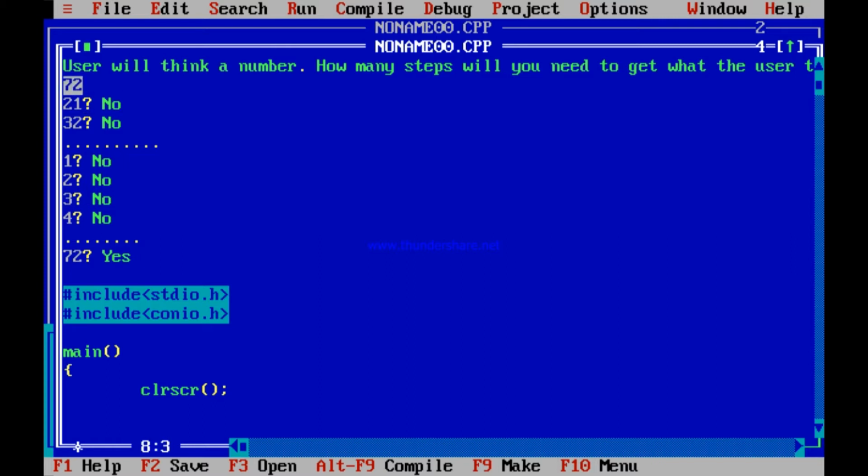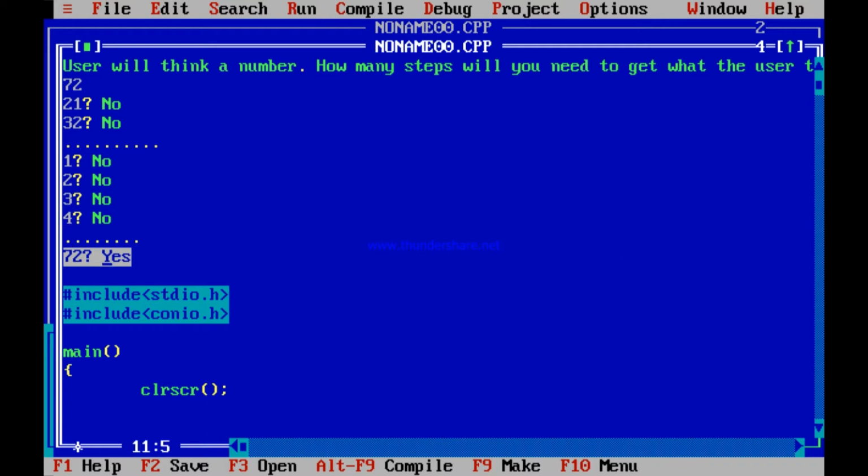In this case, how many steps will you need to reach the number which the user guessed? You will need 72 steps. Here we will assume that the user will always guess a positive number. So, we will always start from 1. If we write the program that way, I will first ask the user, did you guess 1? The user will say no. Did you guess 2? No. Did you guess 3? No. And in this way, you reach 72 and the user says yes.